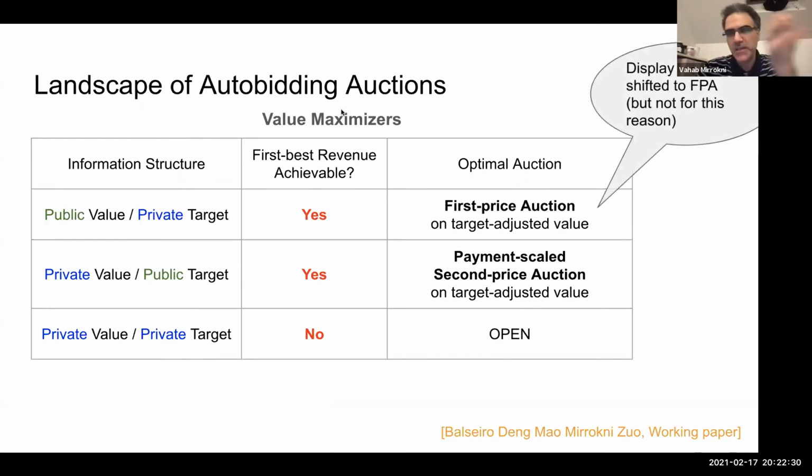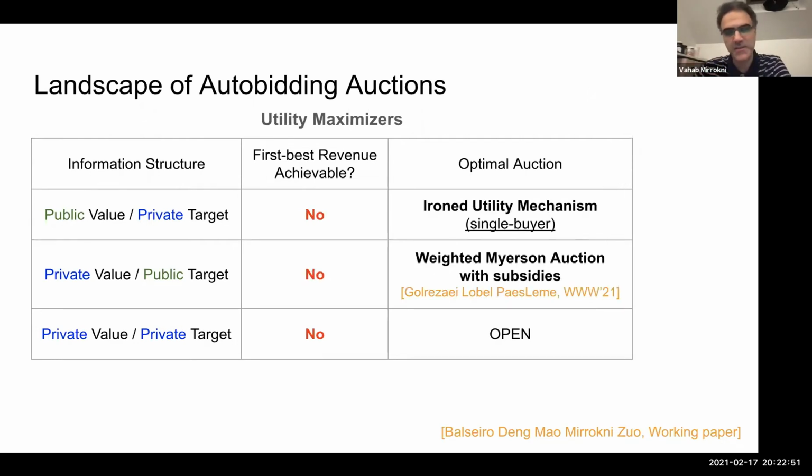So an interesting observation is that a big part of the display ad market moved to a first price auction. Not for this reason, but maybe reinforcing the fact that in an auto bidding world, it may be a plausible move. But the reason for this was different, and I can talk about that in a different context.